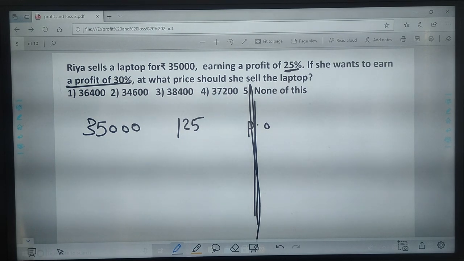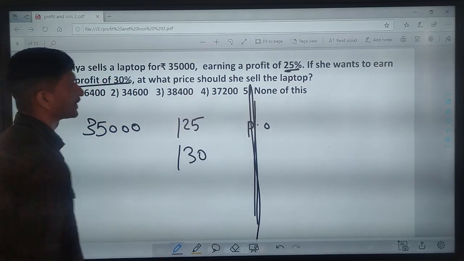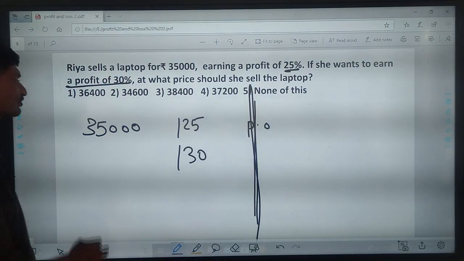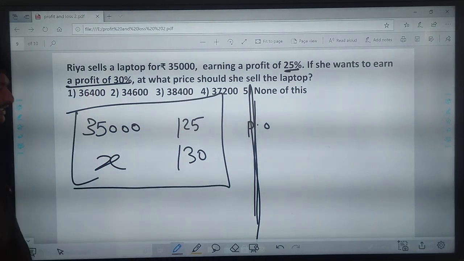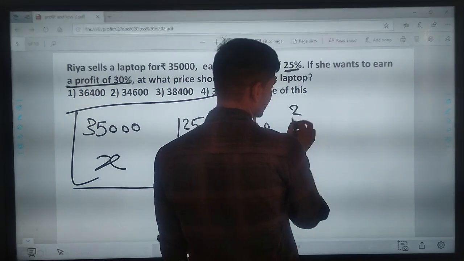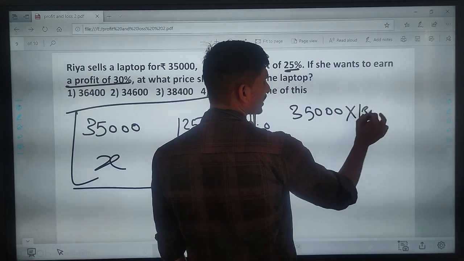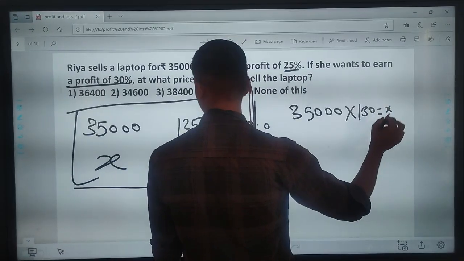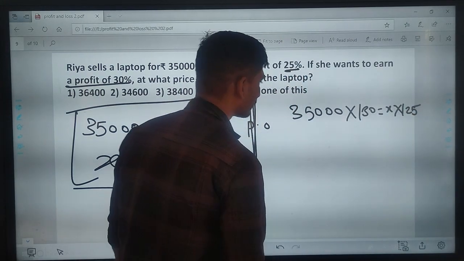If she wants to earn a profit of 30%, what is the selling price of the laptop? Here you cross multiply this: 130 is equal to x into 125.